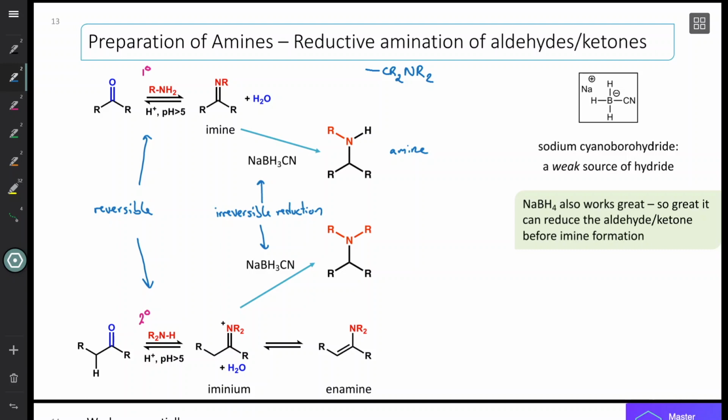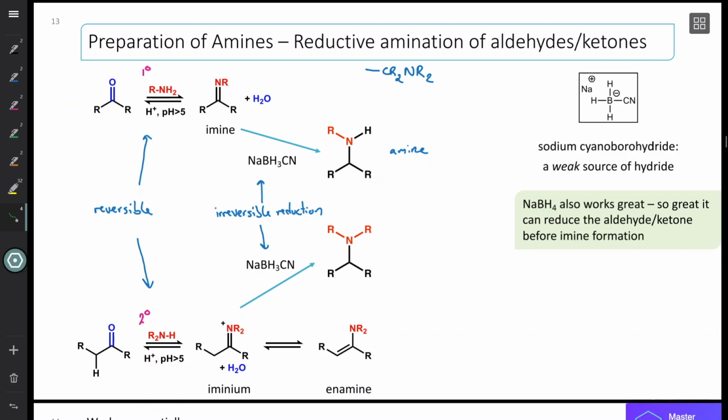So to maximize your yield, you want to have this reagent, the sodium cyanoborohydride, in the same pot as your amine and ketone, because then that will help drive the reaction forward. As soon as an imine is formed, the sodium cyanoborohydride is there to take it to the amine, and that drives the reaction forward.